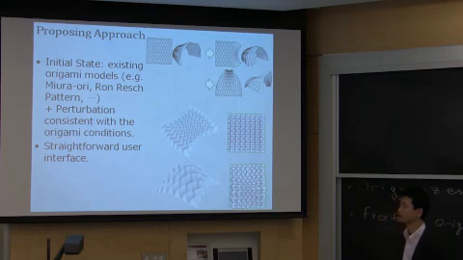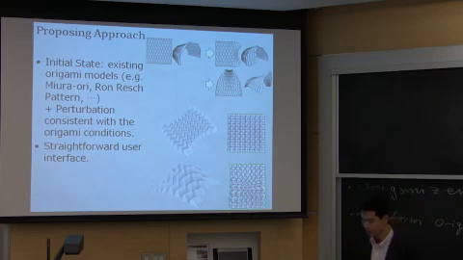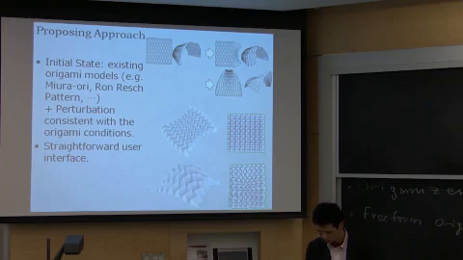So the approach here is to start from existing origami models and then modify them to a different shape while keeping the origami conditions, with a direct, straightforward user interface.